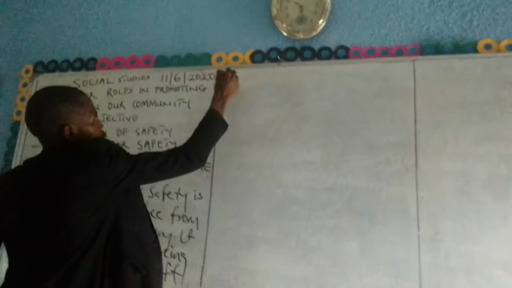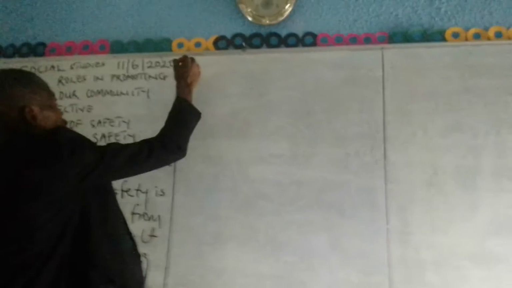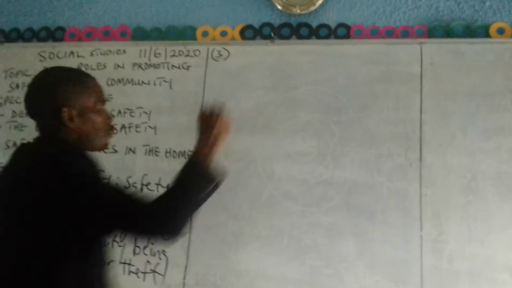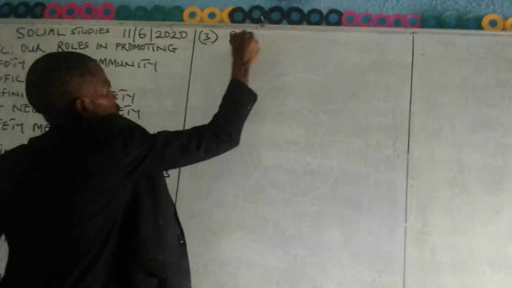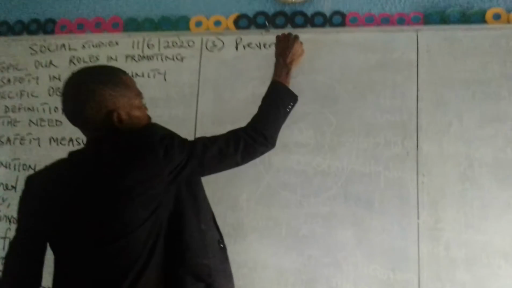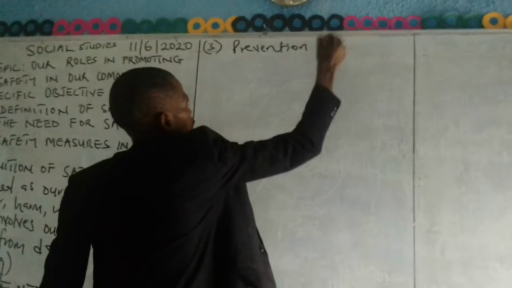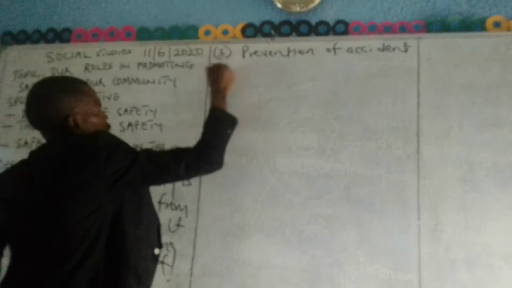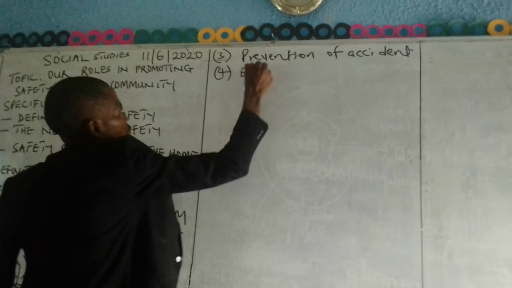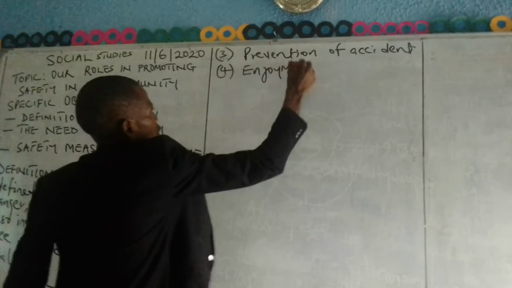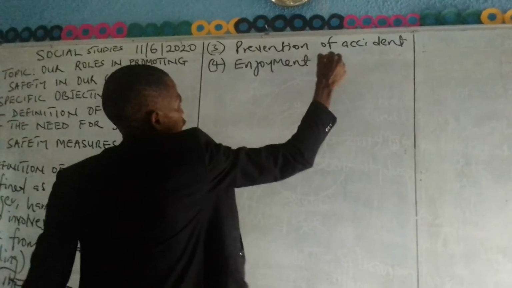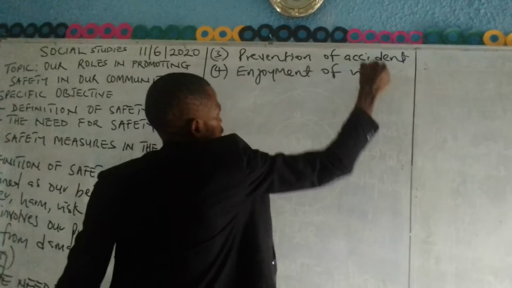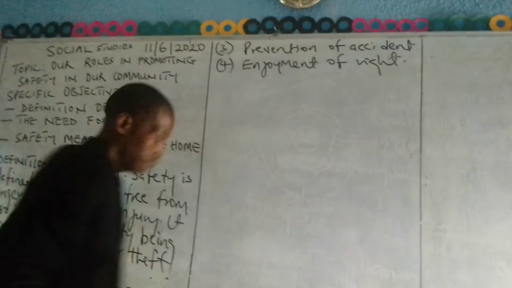Number three, prevention of accidents. Number four, enjoyment of rights. Now let's look at them one after the other.